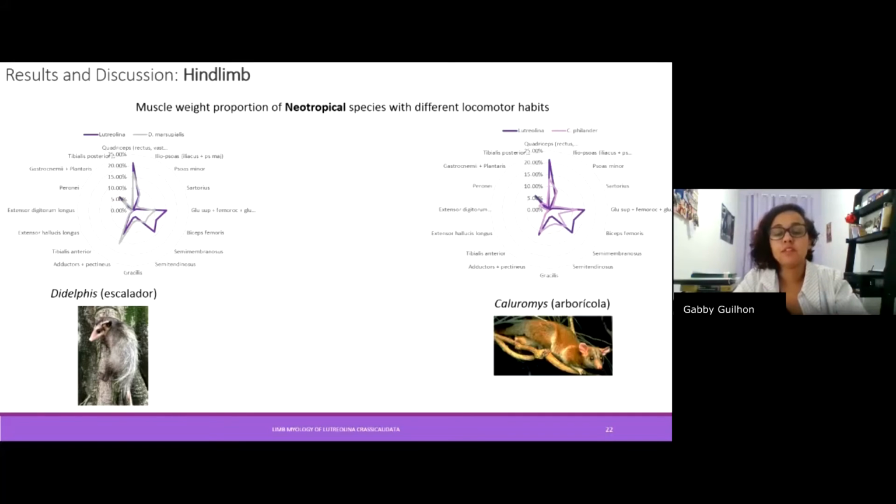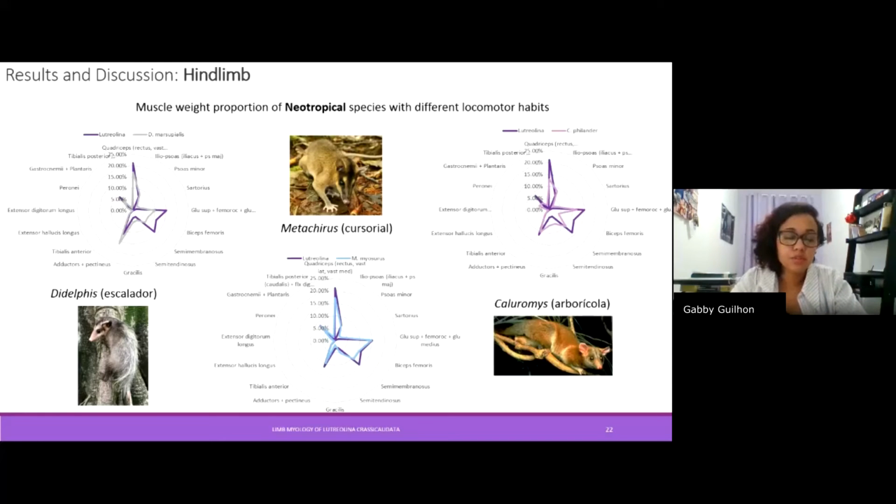Here we compare with the most specialized arboreal marsupial in South America, Caluromys, and we can see that the mass distribution is very, very different, because Caluromys has a more concentrated distribution of muscle mass than Lutreolina, probably related to the need to stay well stabilized in branches.